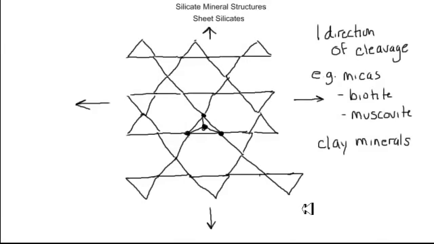I just wanted to return to this drawing to say that this is the last silicate mineral group structure that we'll sketch out, because the next group are the framework silicates. And the framework silicates have this fourth oxygen that's above the plane of the blackboard, or the plane of the screen rather, also shared with another tetrahedron.